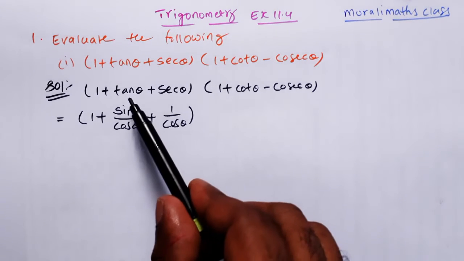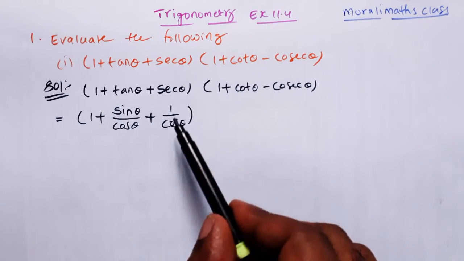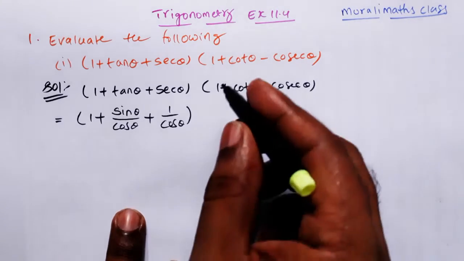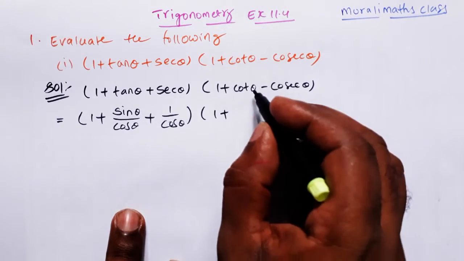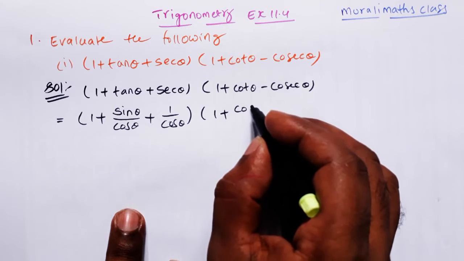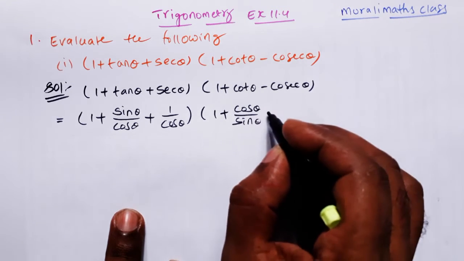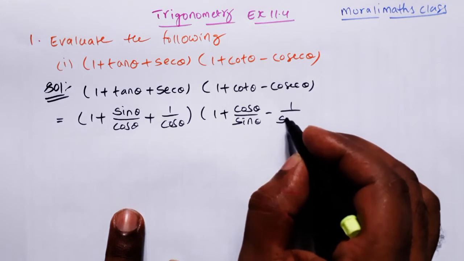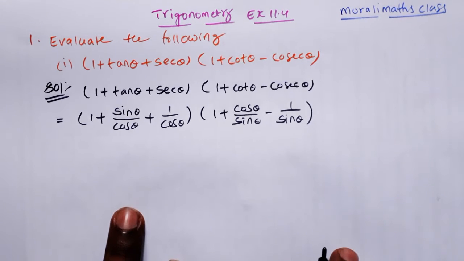So I wrote tan theta as sin theta by cos theta, secant theta as 1 by cos theta. In the same way, this also we need to convert. 1 plus cot theta. Cot theta is written as cos theta by sin theta minus cosecant theta is written as 1 by sin theta. Okay, that is second step.